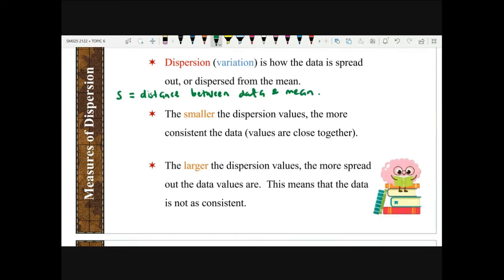Selalunya kalau saya tanya standard deviation tu apa, student akan jawab, oh standard deviation tu sisihan piawai. Dia pergi translate, tapi awak tak faham pun sisihan piawai tu apa. So it's actually distance between data and mean. If smaller dispersion, the more consistent the data. If larger dispersion, more spread the data means the data is not consistent. Itu ayat dia terang-terang lah.